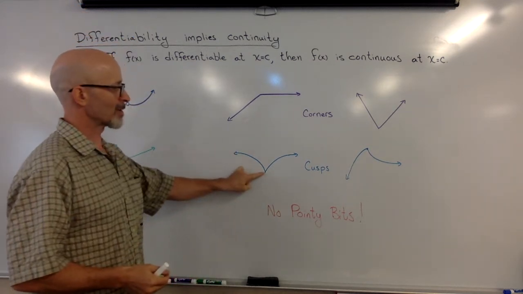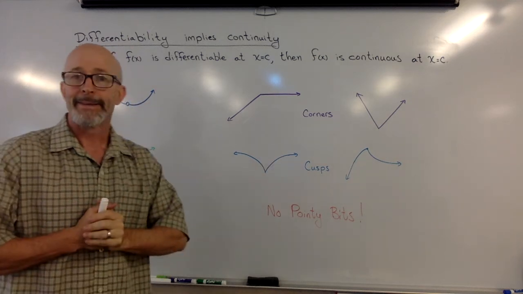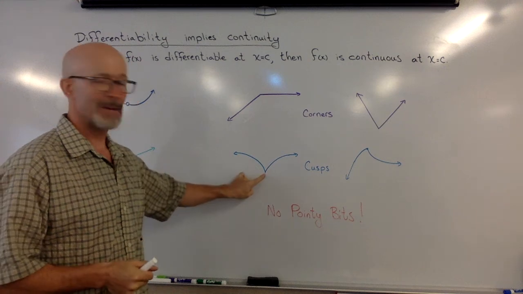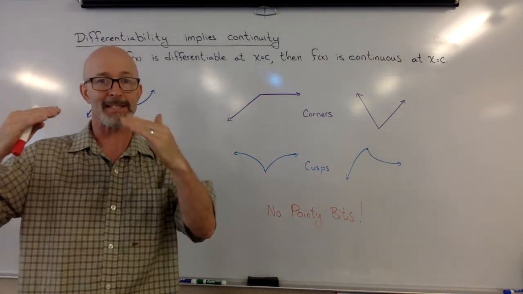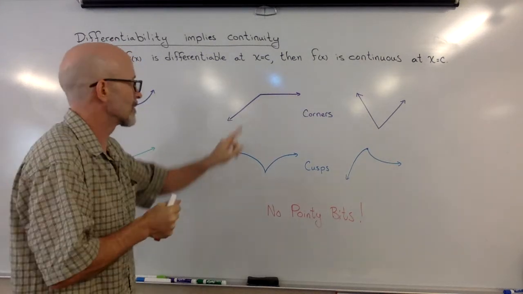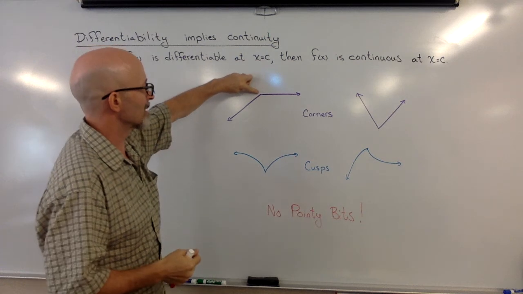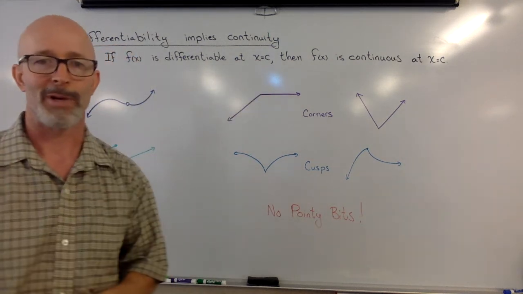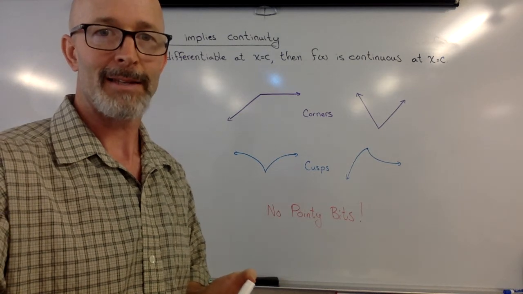If the slope is approaching a different value from the left than it is from the right, that slope doesn't exist at that point, meaning there's no derivative there. Just like limits, the left and right-hand side limits have to approach the same value. The left and right-hand side slopes have to approach the same value for there to be a slope right there at that point. If they're different, no slope. I hope I beat this to death. It's pretty easy.